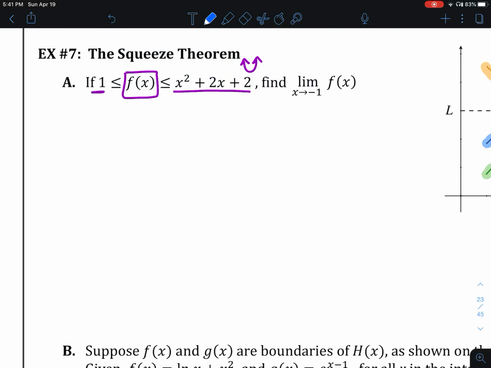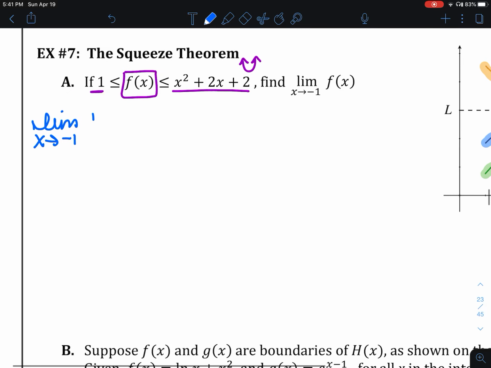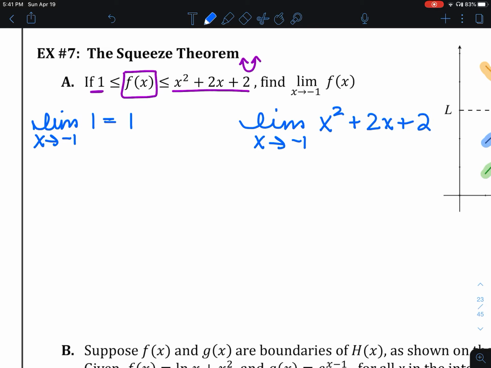This is a constant, and that's a pretty easy limit for us to find. The limit as x approaches -1 of 1 is just going to be 1. And the limit as x approaches -1 of x squared plus 2x plus 2 is a pretty easy limit too. We're going to use direct substitution here. We're going to get 1 minus 2 plus 2. I think this side also equals 1.